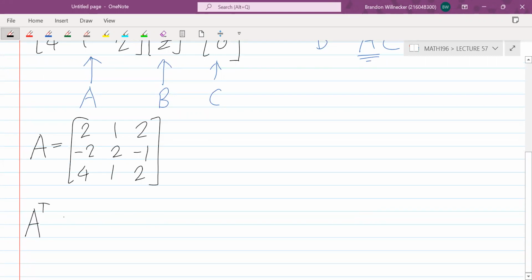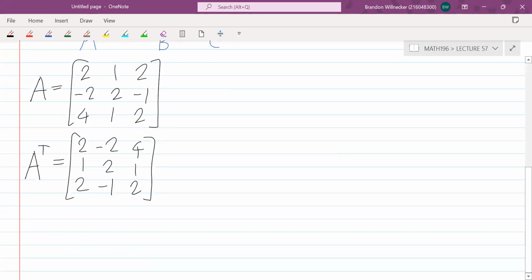So A transpose is going to be 2, 1, 2. The first row becomes the first column, minus 2, 2, minus 1. The second row becomes the second column, and 4, 1, 2. The third row becomes the third column. You can call that the second step.